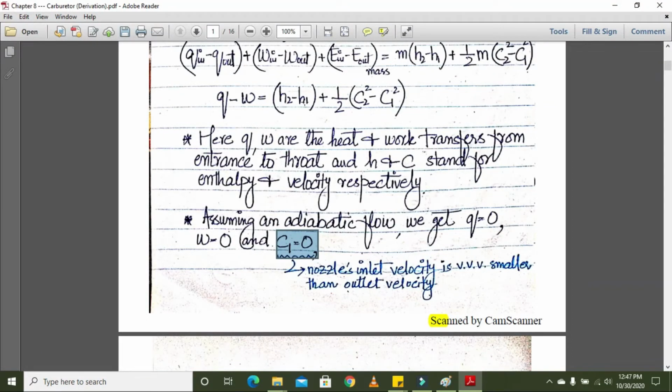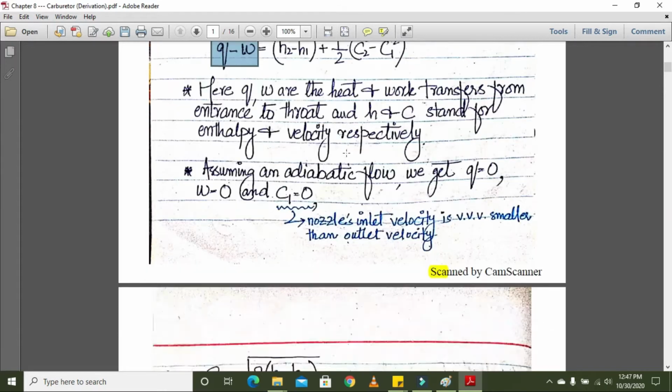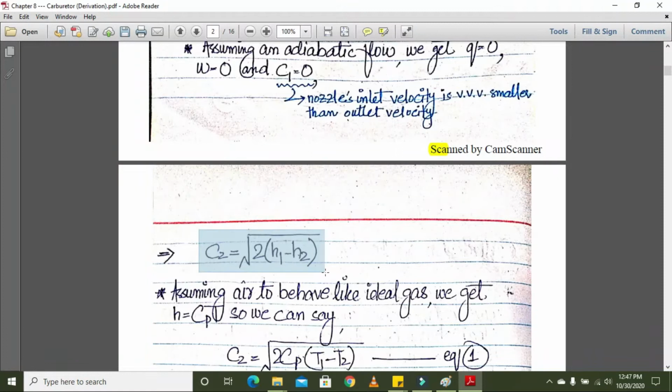Now we would only be left with C2 squared over 2 and H2 minus H1. When we rearrange this, all the terms on the left side would be 0, because we have an adiabatic process. So when we shift this H2 minus H1 to the other side, it will become H1 minus H2. This 1 upon 2 would then go on the other side to multiply with H1 minus H2, and then we will simply take the square root to obtain this relation.